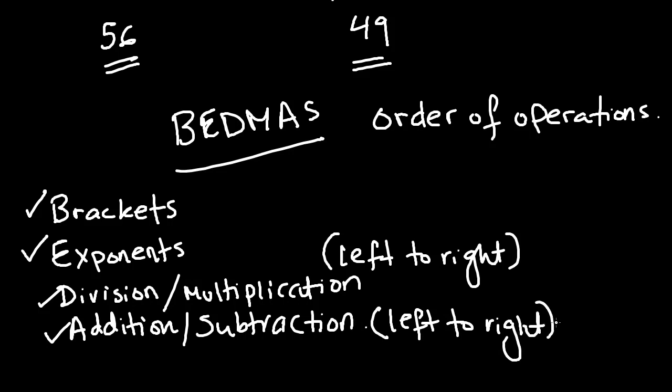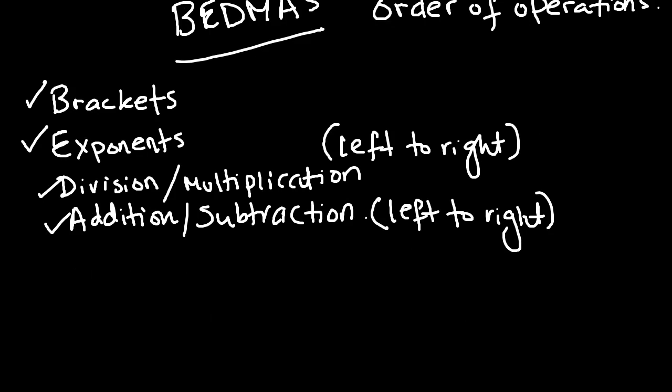Okay. So let's look at an example. Let's say we had 2 to the power of 3 minus 3 times 8 minus 6. Okay, so there are a bunch of operations that we need to do in this expression, right?